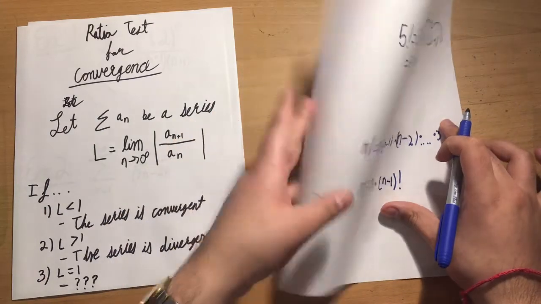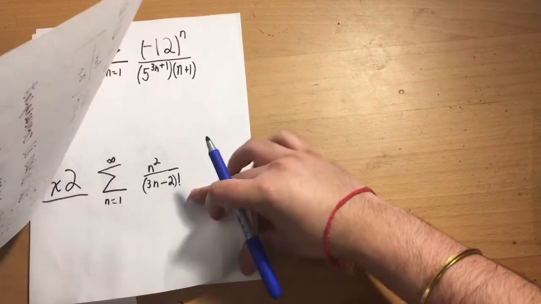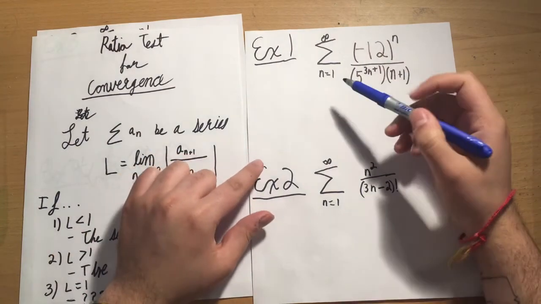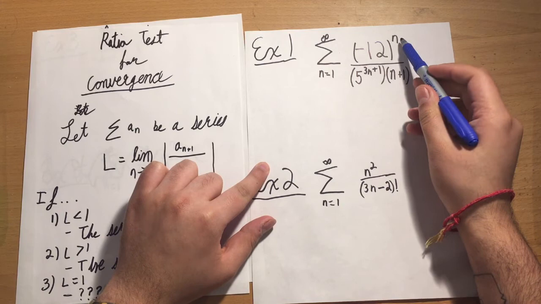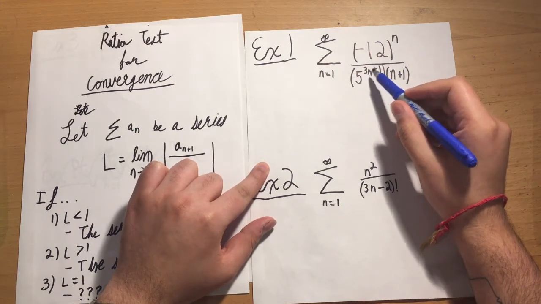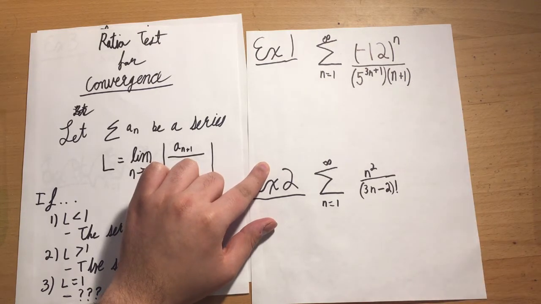So let's actually start getting to the examples. First we have this here: the infinite series from n equals 1 to infinity of negative 12 to the n in the numerator, and in the denominator, 5 to the 3n plus 1 times n plus 1.